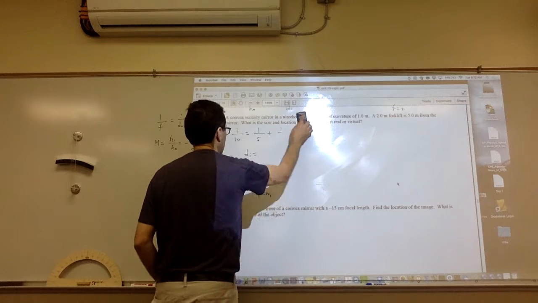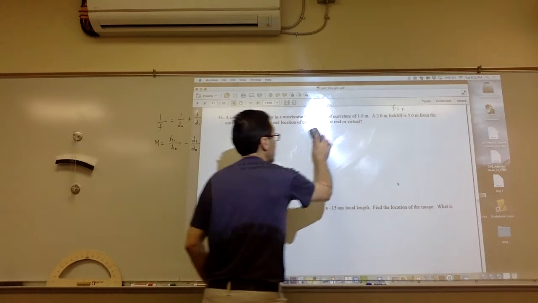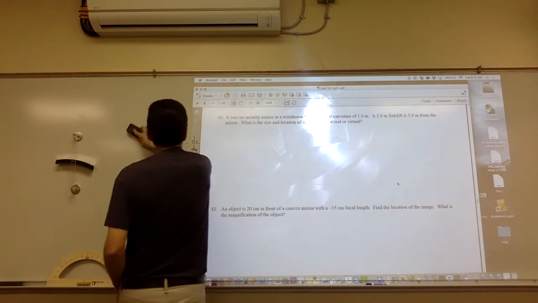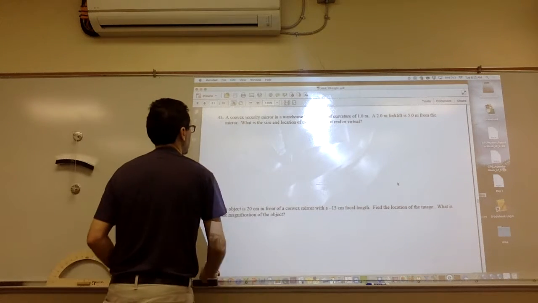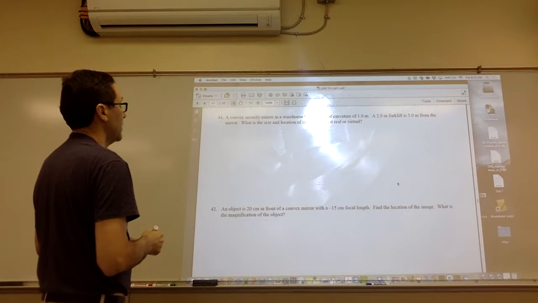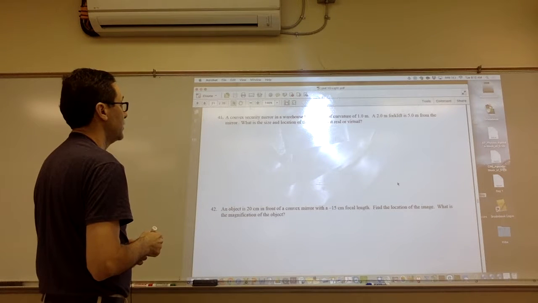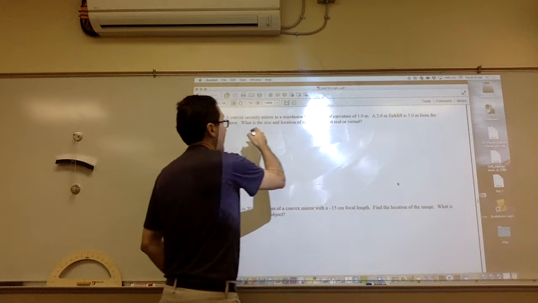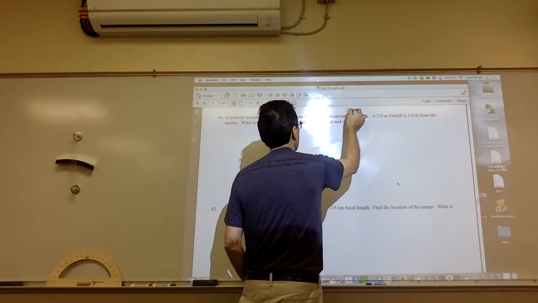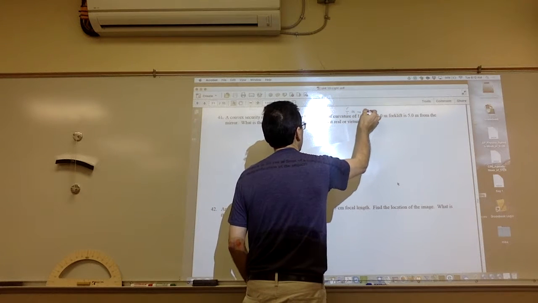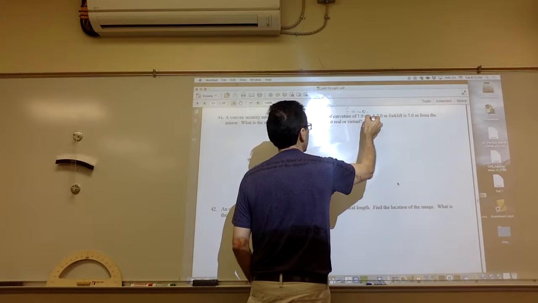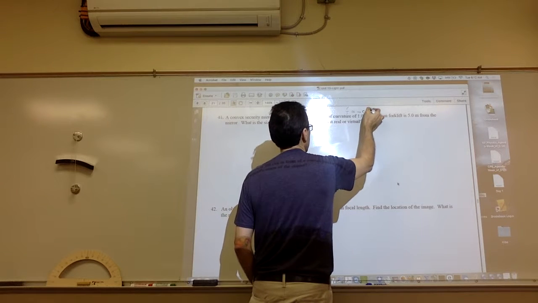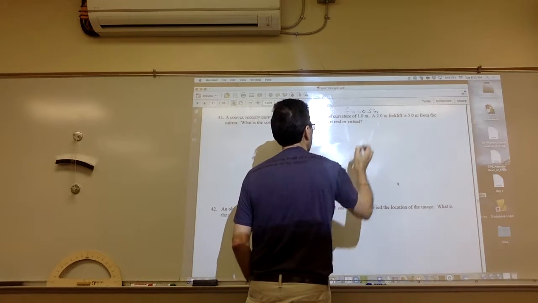Number 41. A convex security mirror in a warehouse has a radius of curvature of 1 meter. So since it's convex, the focal distance is negative, half the radius, negative 0.5 meters.